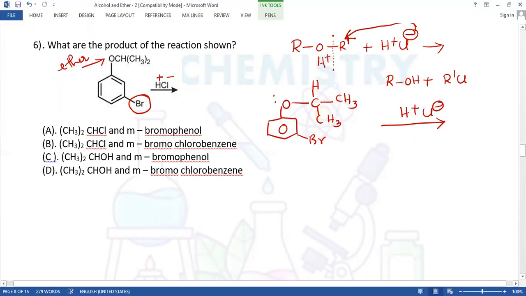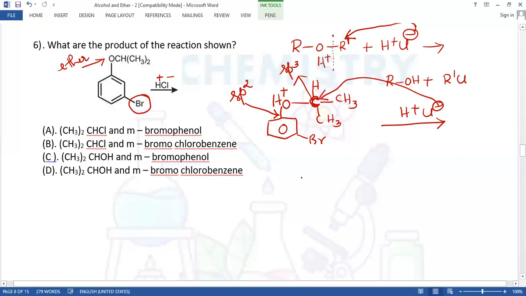You know that H plus should always go along with the oxygen. Cl minus either should attack the benzene ring carbon, which is sp2 hybridized, or should attack the carbon atom which is sp3 hybridized. It is easy to attack the sp3 carbon atom. So the nucleophile easily attacks the sp3 carbon atom.